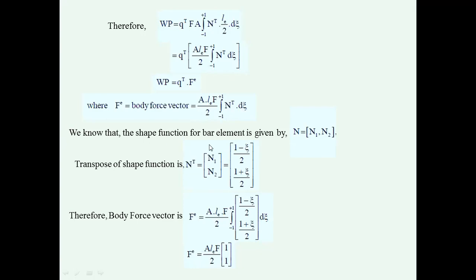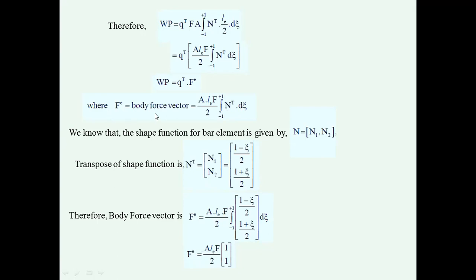Also, we know that the shape function for 1D bar element is given as N equals N1 comma N2. Since in order to simplify the body force vector we have a transpose, the transpose of that, N transpose, is given as N1, N2. We know that the values of N1 and N2 for bar element are 1 minus zeta by 2 and 1 plus zeta by 2 in natural coordinate system. Now you substitute this into this equation.